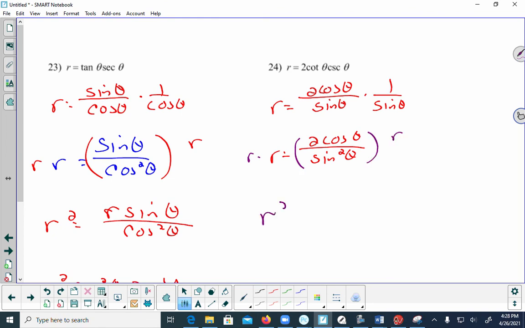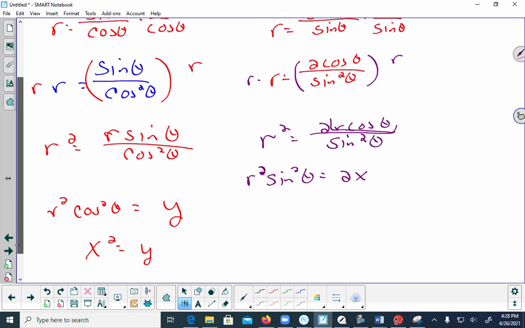I'm going to have r squared is equal to 2r cosine theta over sine squared theta. I'm going to say r squared times the sine squared theta is equal to 2, and then in place of this r cosine, I'm going to write x.